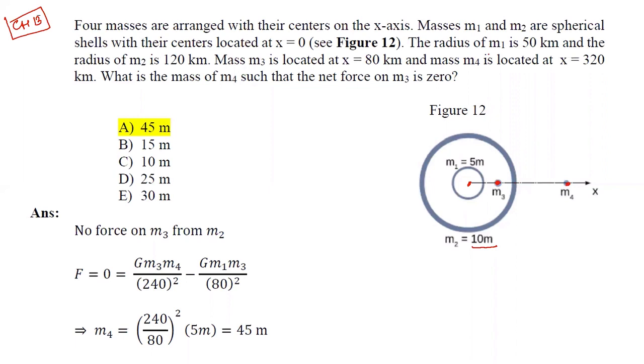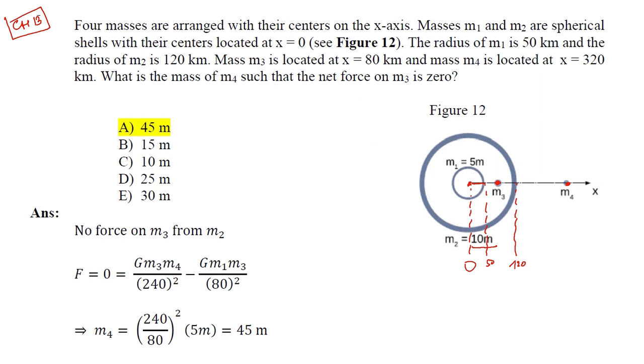The radius of M1 is 50 kilometers. And the radius of M2 is 120. Let me do it this way. This is 0. This is 50 kilometers. This is 120 kilometers.